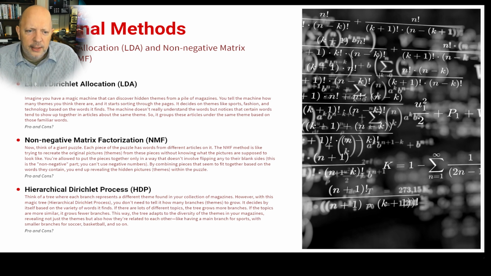Imagine you have a magic machine and it can discover hidden themes from a pile of magazines. You tell the machine how many themes you think there are, and it starts sorting through all the pages. It decides on themes like sports, fashion, technology based on the words it finds in them. The machine doesn't really understand the words, but notices certain words tend to show up together, word vectors, in articles about the same theme, so it groups these articles under the same theme based on those familiar words.